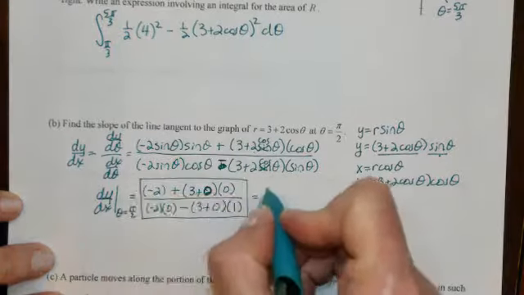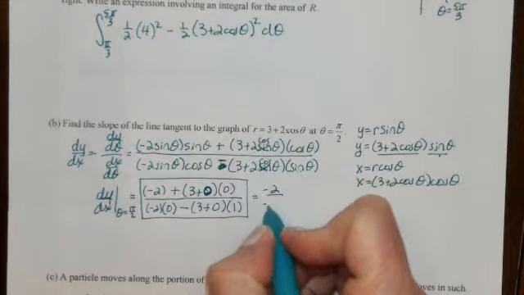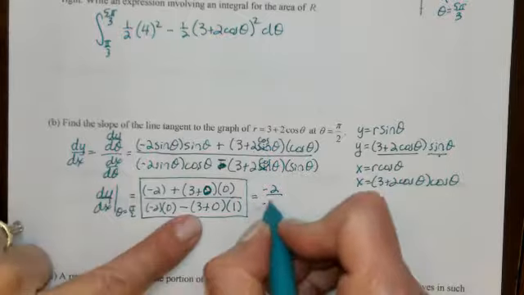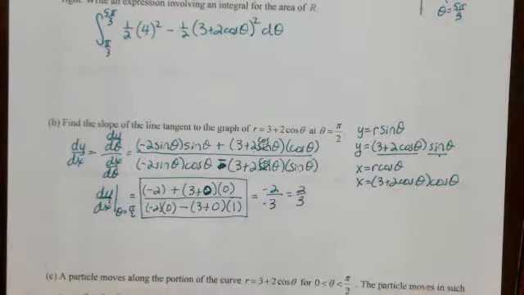But of course that would be a -2 on top, and we would have a -2 on the bottom. We'd have a -3 on the bottom, so this would be 2/3. Okay, I do advise you to safe stop though. Don't take a chance of adding or subtracting wrong and lose your credit.